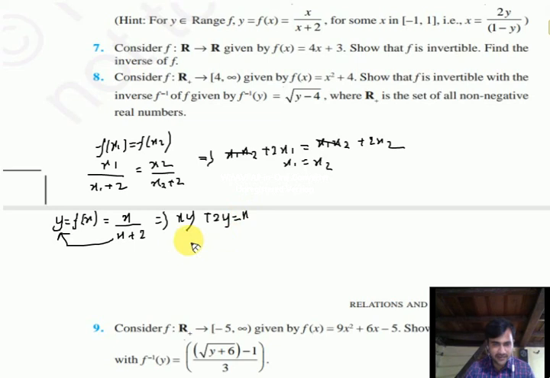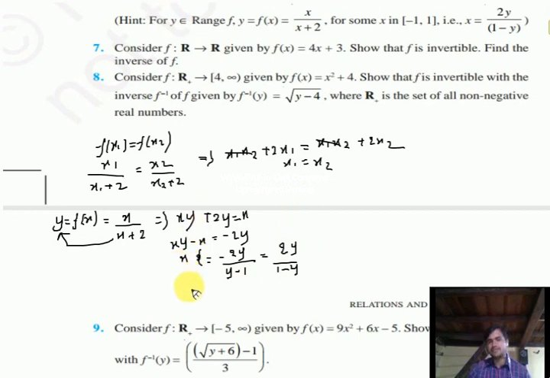Then taking the terms containing x onto one side, it will be xy minus x is equals to minus 2y, and if you take x outside, then x is equals to, I will skip one step, minus 2y divided by y minus 1, or 2y divided by 1 minus y. Here also you need to mention for all y belongs to range of the given function, there exists an x belongs to domain of the given function such that y is equals to f of x.